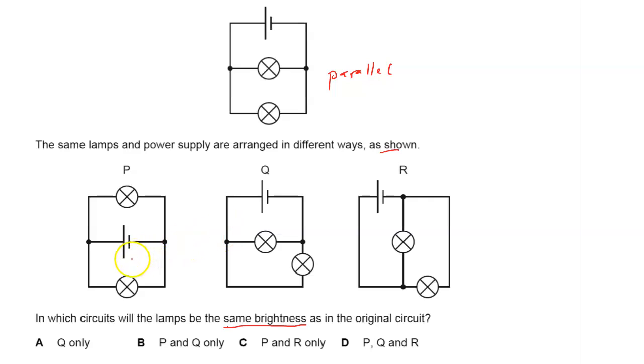You can see P is parallel. Q is also parallel, and R is also parallel. Therefore, since there is no other electrical component in the circuit, all the lamps will have the same brightness in P, Q, and R.